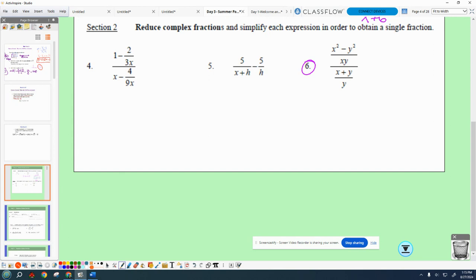You guys are kind of allergic to fractions too. Fractions and fractions. Like I said, where would you start this question? I need to flatten this. There's a couple of good choices. Emmett, what would you suggest? Multiply the top and the bottom by xy. Okay, so that is what I do.